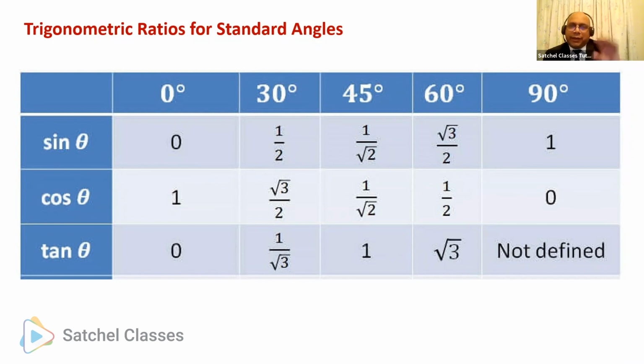For example, 30 degrees and 60 degrees are two angles which add to 90 degrees, right? So as you can see, sine of one angle is the cos of the other angle. Sine 30 is the same as cos of 60. Likewise, sine of 60 is the same as cos of 30, right? Remember, sine theta is cos of 90 minus theta. Cos theta is sine of 90 minus theta, right?